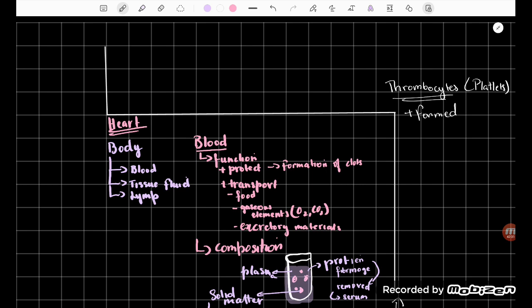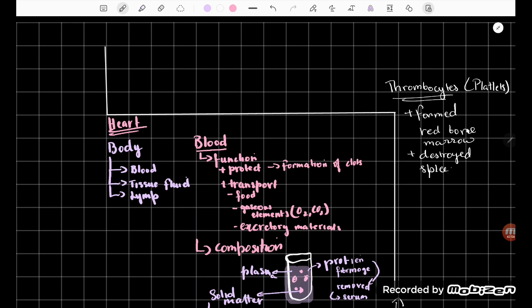So they are formed in some giant cells called megakaryocytes in the red bone marrow, and destroyed in the spleen.